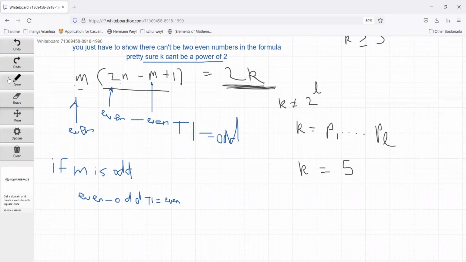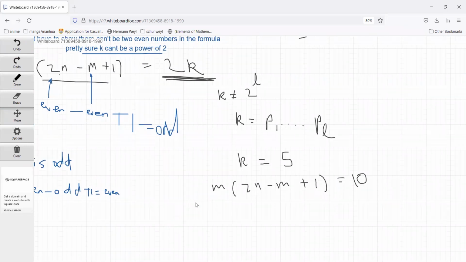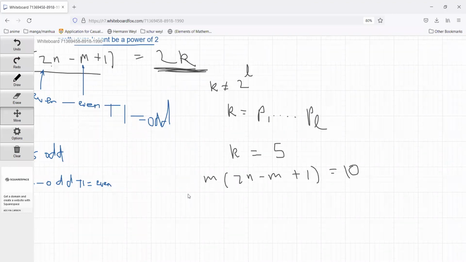So we've got m times 2n minus m plus 1 equals 10. So we can either have m is 1, m is 2, or m is 5. But not m is 5. M is 1 or m is 2. And this thing is 10 or 5.